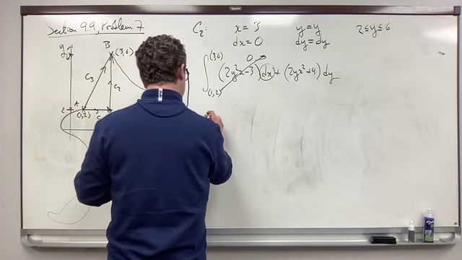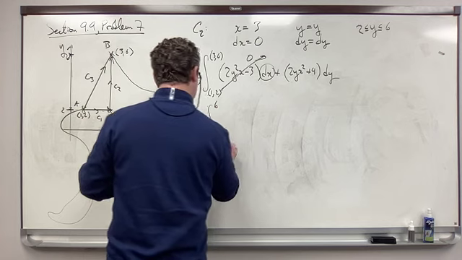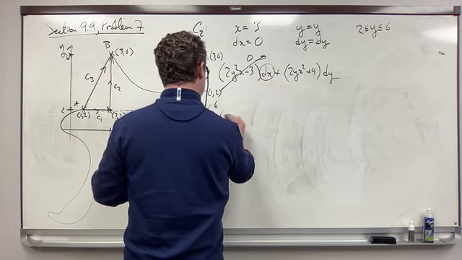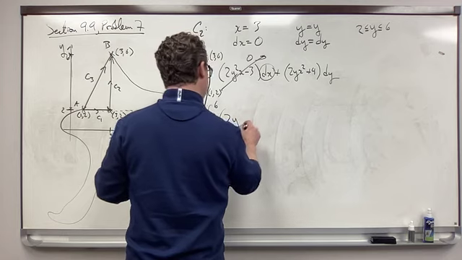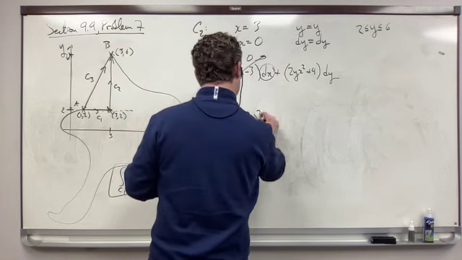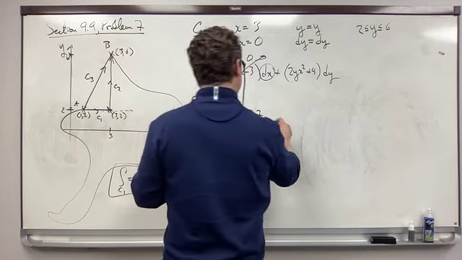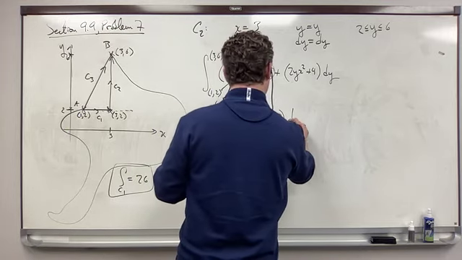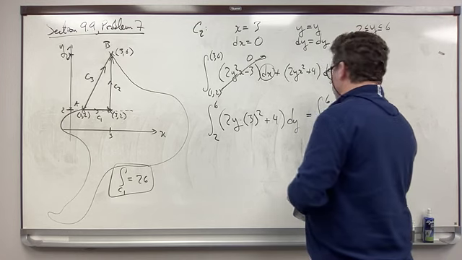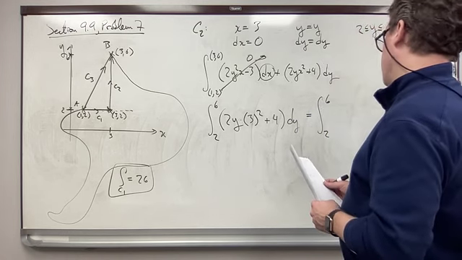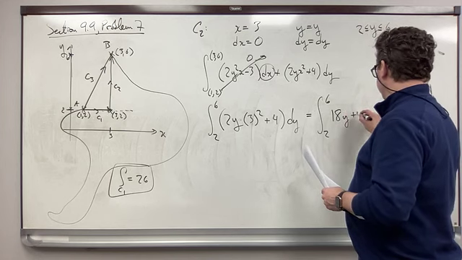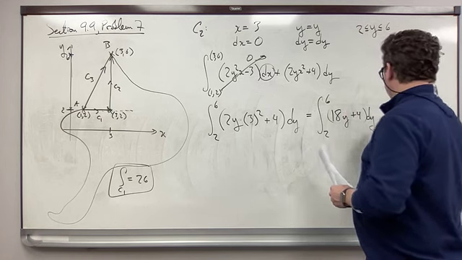So this thing becomes the integral from 2 to 6 of 2y times 3 squared, plus 4, dy. So we get 18y plus 4 dy.